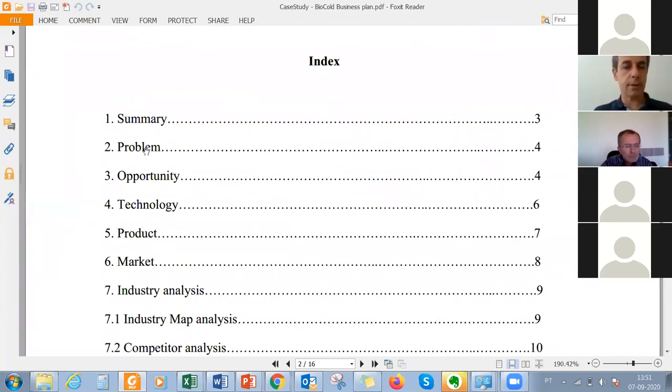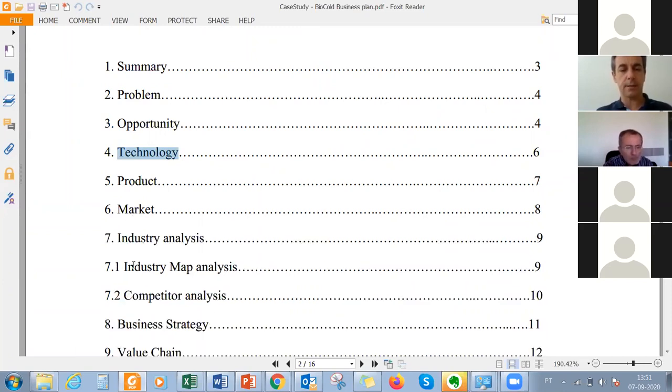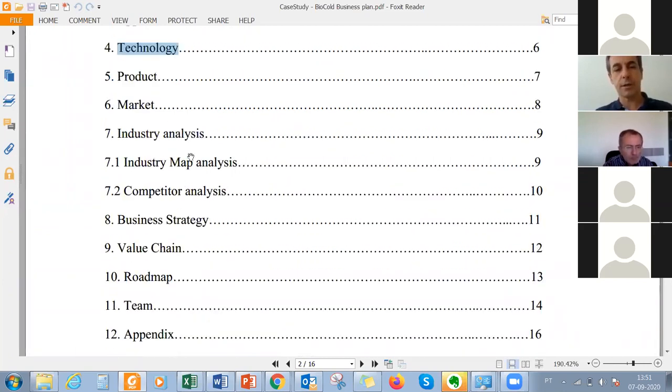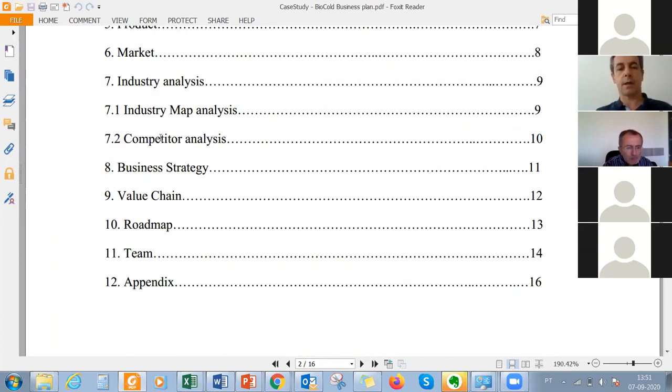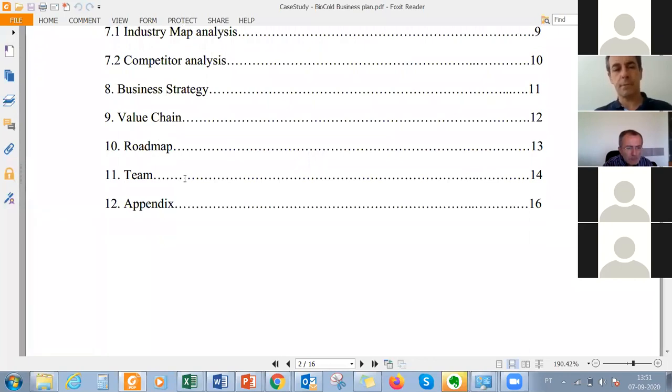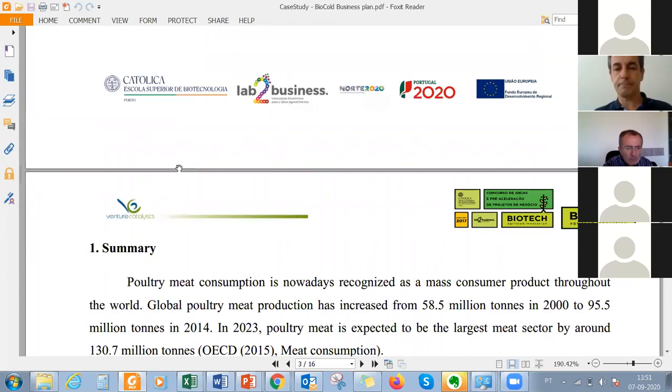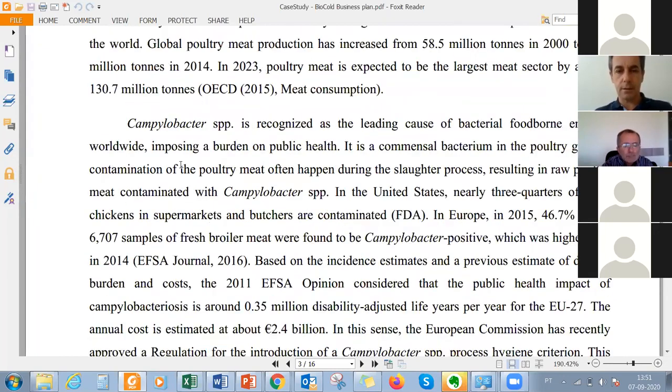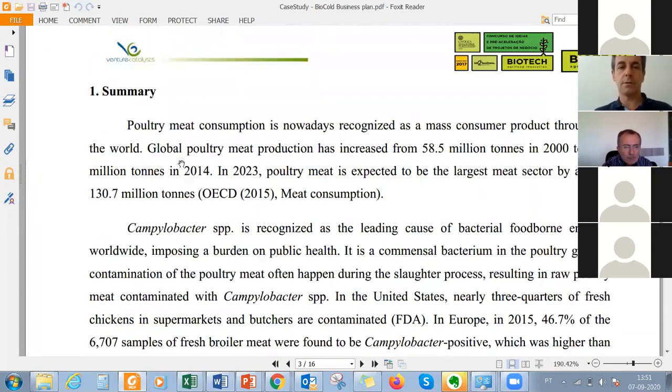They include the identification of the problem, the opportunity, their technology, what is the product, what is the market, some industrial analysis about the production. So what are the competitors, some effort in terms of business strategy, and they end up with some of the calculations that I just presented to you.